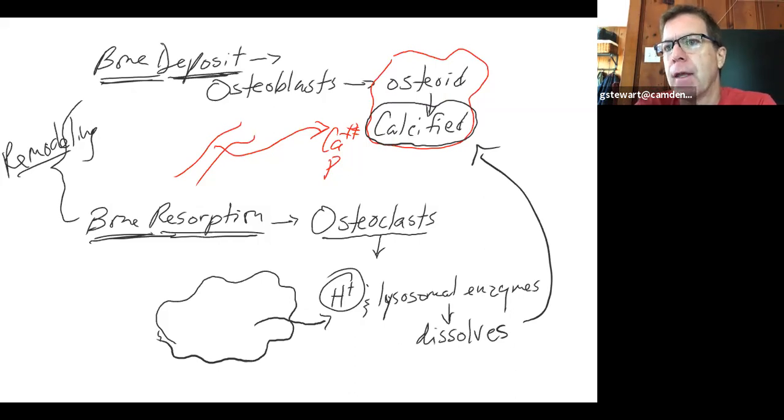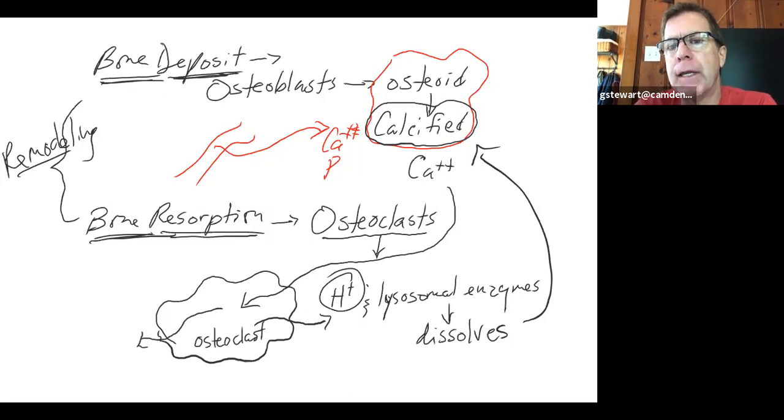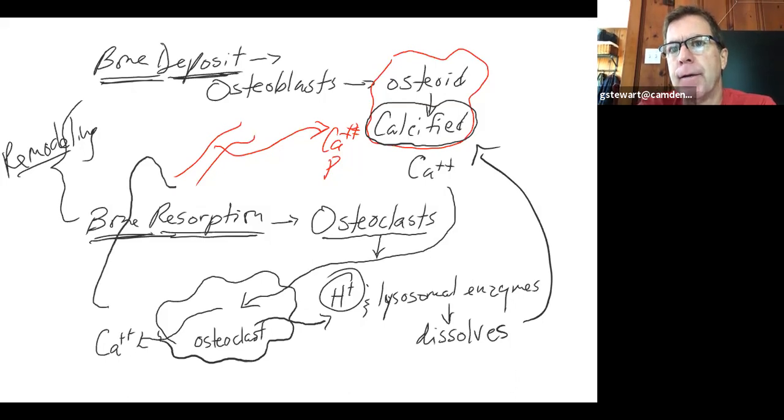So this stuff, I'm just going to draw a calcium mineral. It actually migrates through this osteoclast and is released then back into the blood.